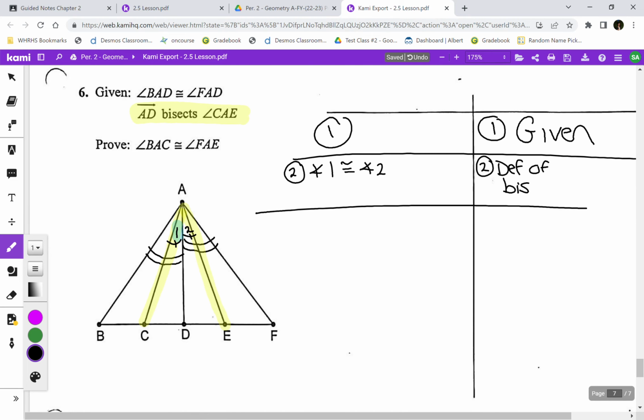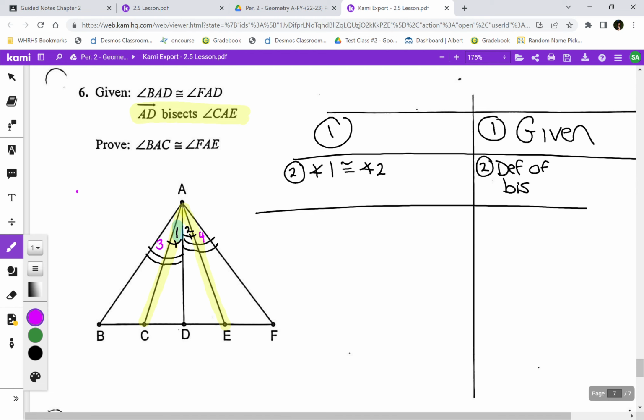All right, now let's look at what we want to prove. We want to prove that angle BAC, I'm going to call this angle 3, is congruent to angle FAE, which I'm going to call angle 4. So I have this whole double loop congruent to this whole double loop.